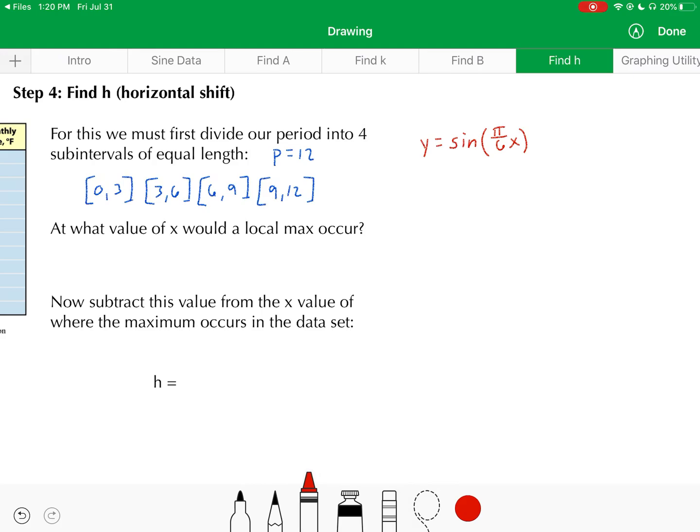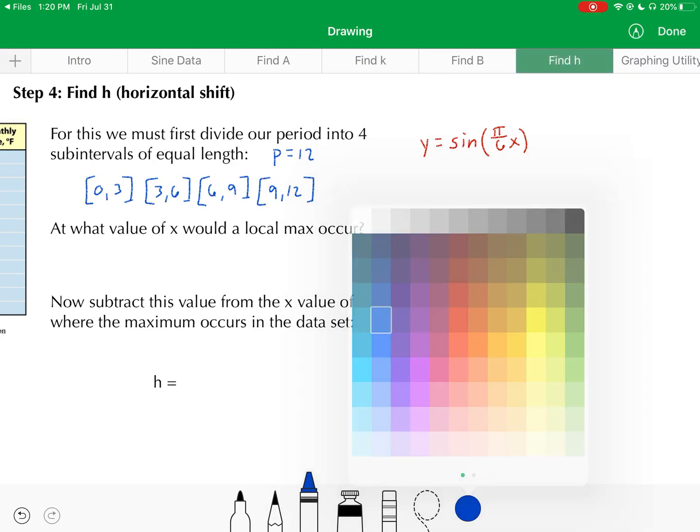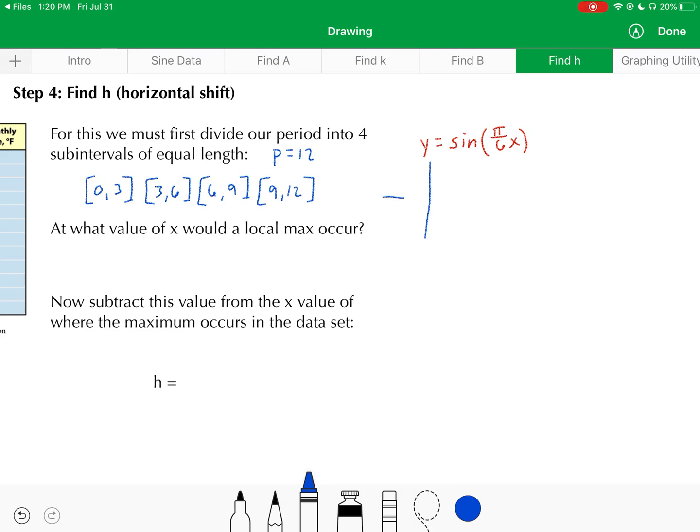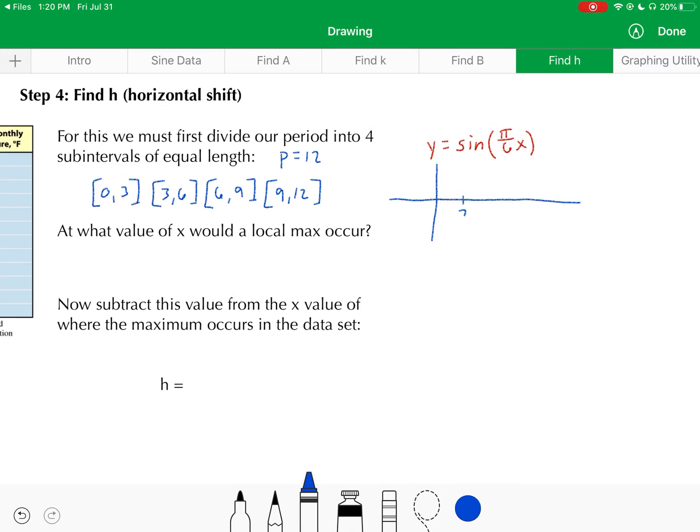Now what would that look like graphically? Well, I taught you to plot those 5 critical points, right? And they're all spaced a quarter of the period apart from each other. So the quarter of the period is 3 units. So I'm going to space everything out by 3s here on the x-axis.